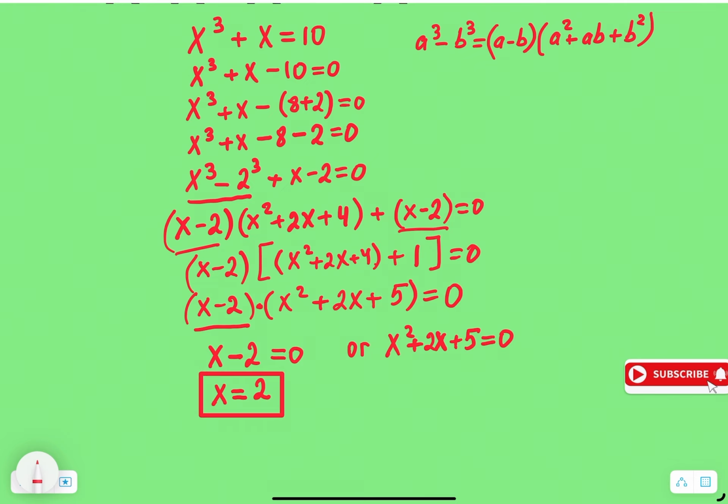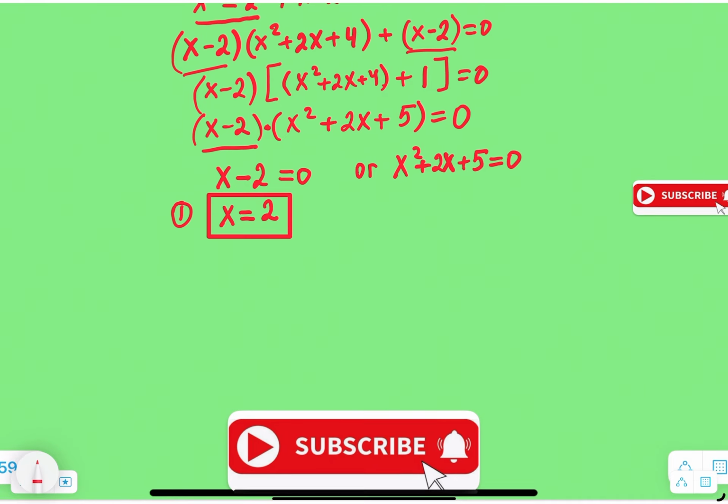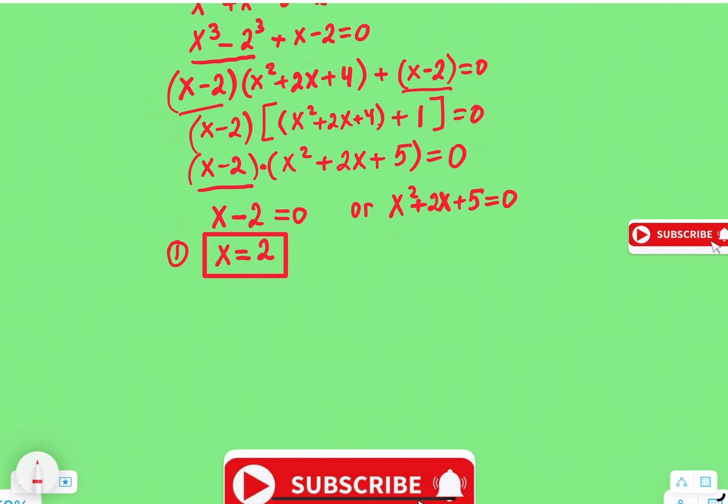But we need 2 more solutions because we had x cubed here. That means we need to have 3 solutions. One solution is x equals 2. Now we will solve this quadratic equation, and find the value for x, 2 more values.